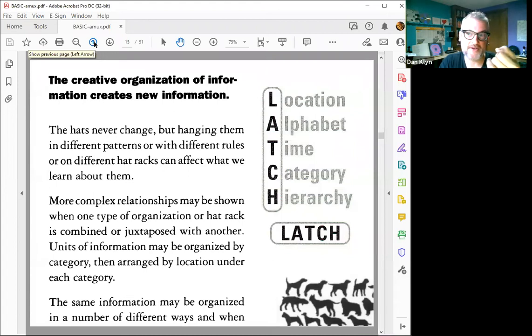But as UX designers, you may also know about LATCH, this idea that there are 5 basic ways to organize information: location, alphabet, time, category, hierarchy, which works into an acronym. It occurs to me, and I'm, again, not the first one to make this observation, that LATCH is a spatializing of information.